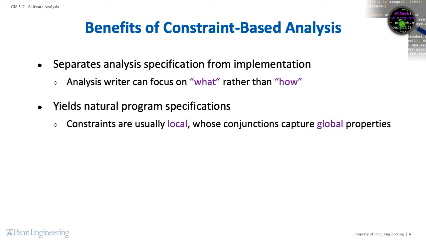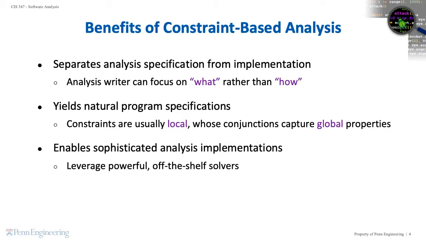Another benefit of constraint-based analysis is that it yields natural program specifications. Just like types in a type system, constraints are usually defined locally, and solving their conjunction captures global properties about the program.